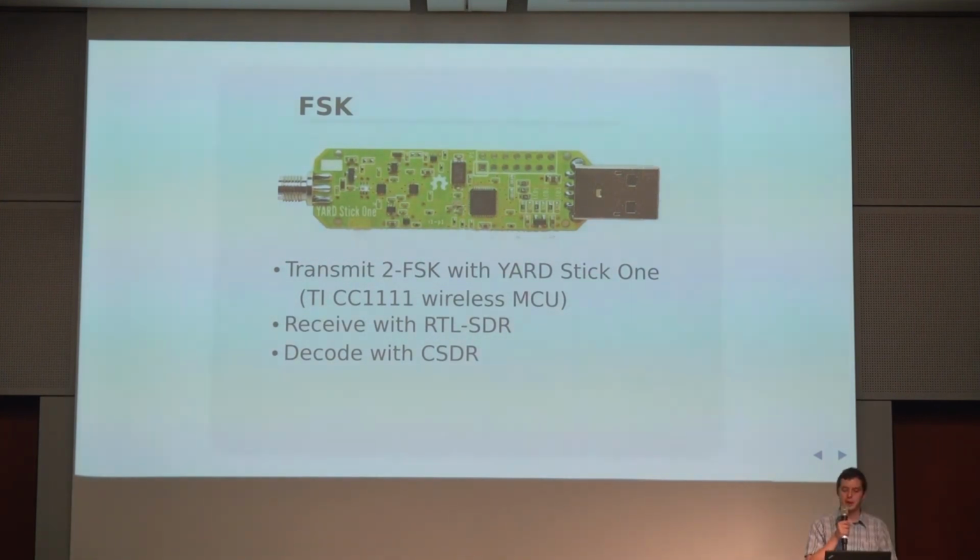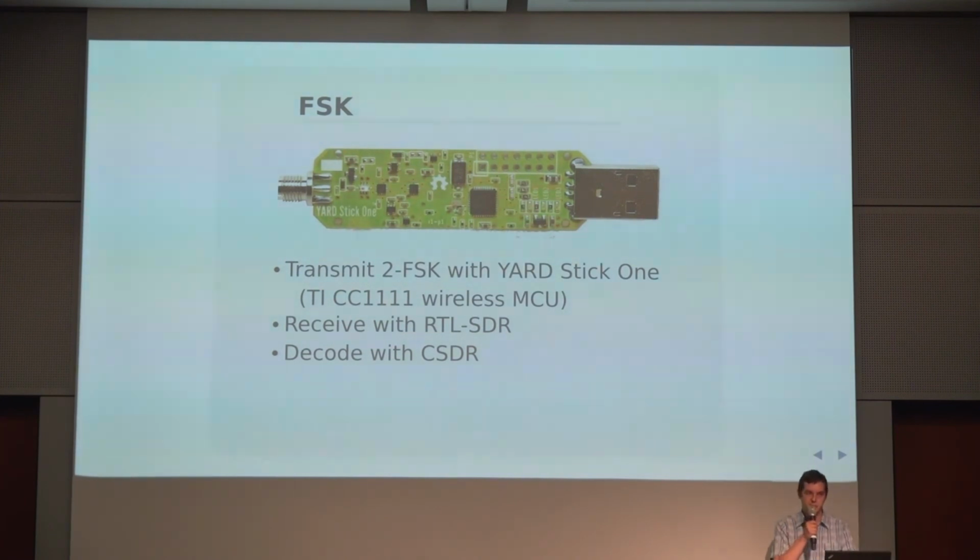Now, I was thinking about verifying that my algorithms are general enough that they work on other signals, not only just amateur digital modes. So I decided that I would demodulate a signal sent by an RF SoC that's used in many products.